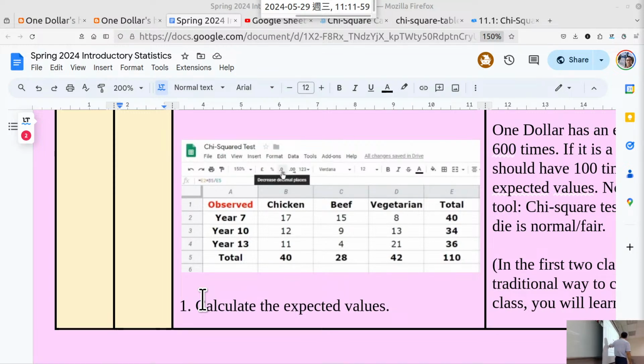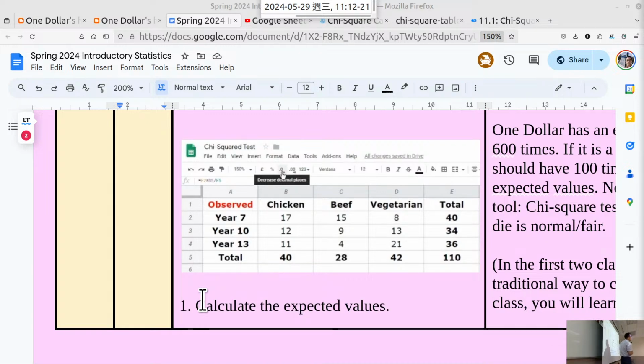For example, for the year of 7 years old, the students here, there's 17 of them, they choose chicken, 15 for beef, and 8 for vegetarian. So far, can you think 18, 15, 8, is it a difference?